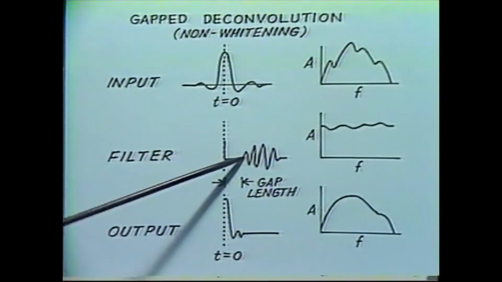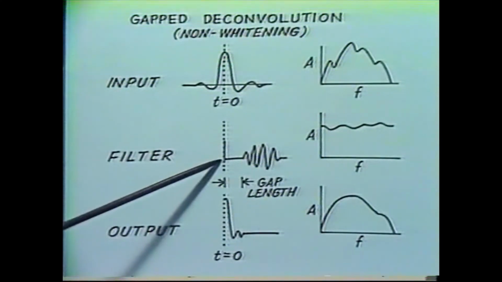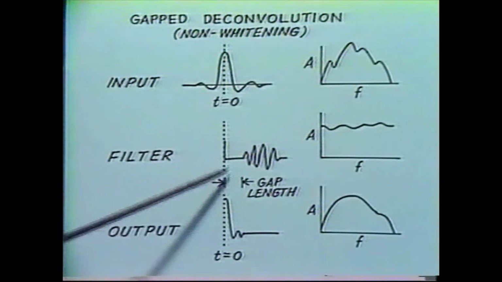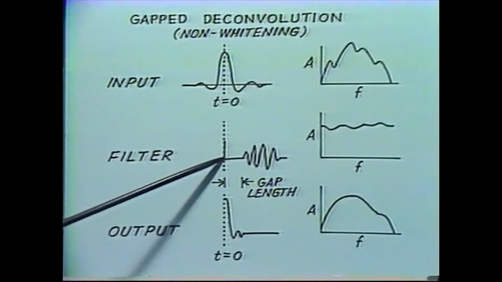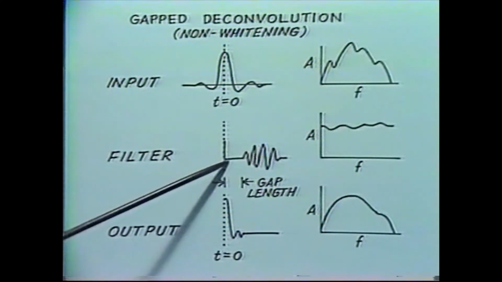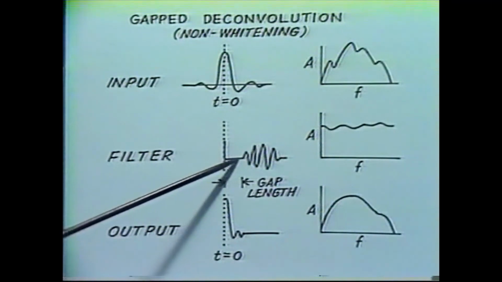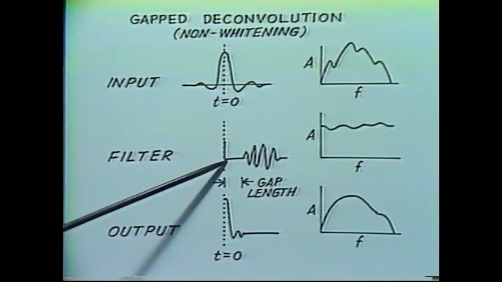The motivation for doing this is so that the output will not be a sharp spike, but rather a wavelet of generally a characteristic length that's determined by this gap.